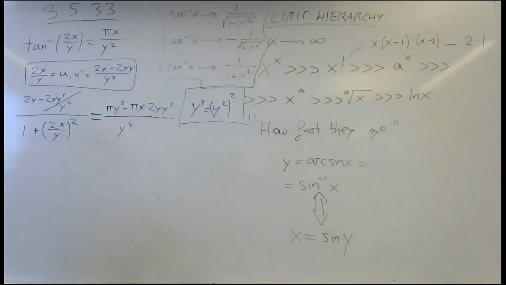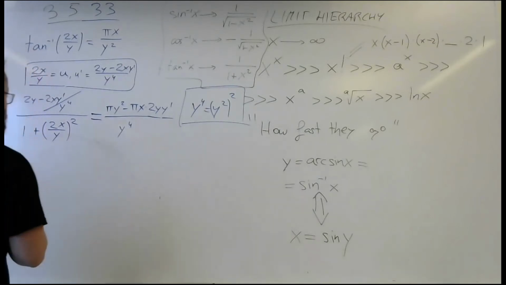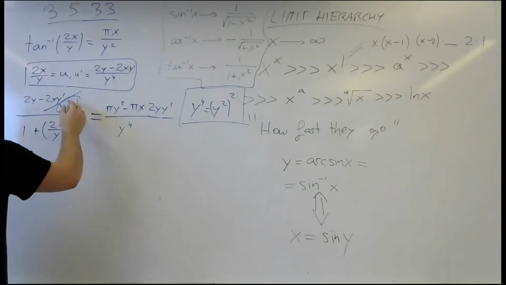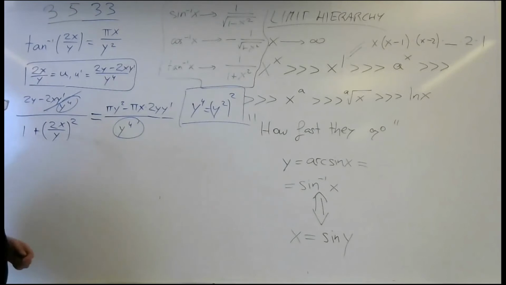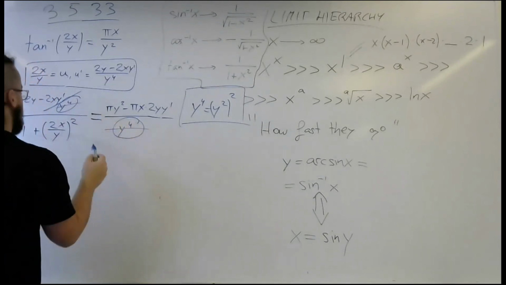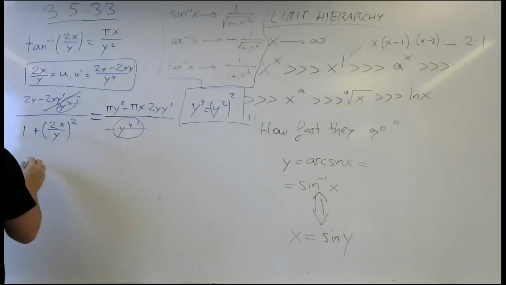So this equation apparently tells us how the derivatives work. So let's do some transformations here and see what happens. First of all, these two gentlemen over here have the immense kindness to cancel each other out. And so we have 2y minus 2x y prime.